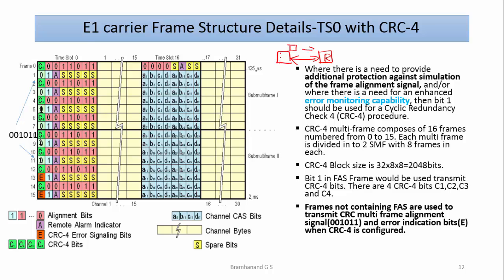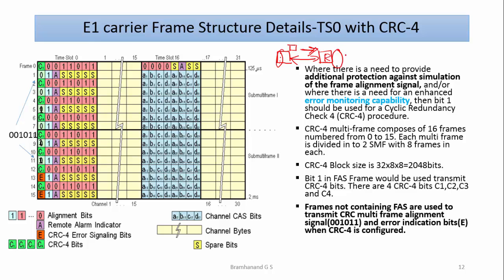Once this data is received by the receiver, it will also use the same method of cyclic redundancy check. It will calculate the CRC of the data received, and it will compare the information which is transmitted over these cyclic redundancy bits with the remainder that it gets after analyzing the frame received.